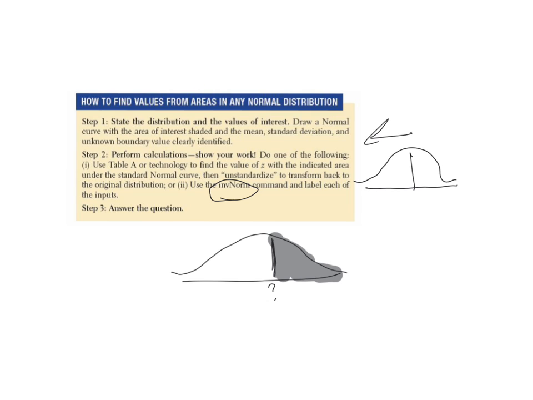So if we're going to find areas like I asked before to the right, like here, you're going to have to use subtraction once you figure out the value, you're going to have to subtract it from 1. So let's move on here. Inverse norm, I forgot I put this in here.